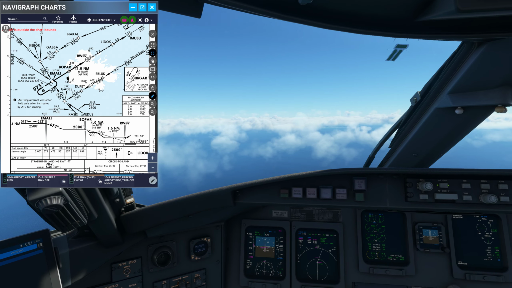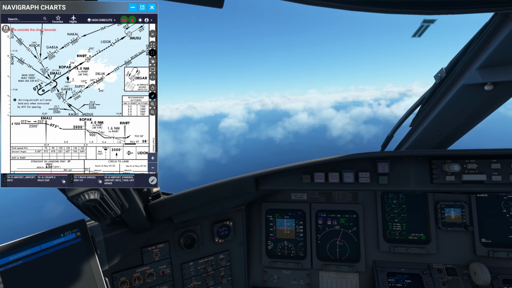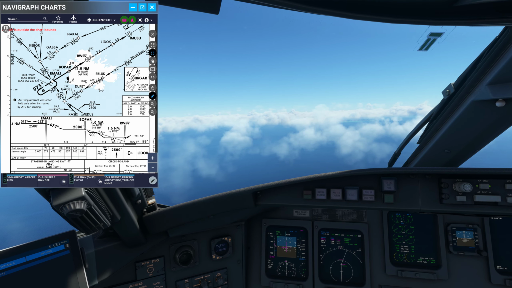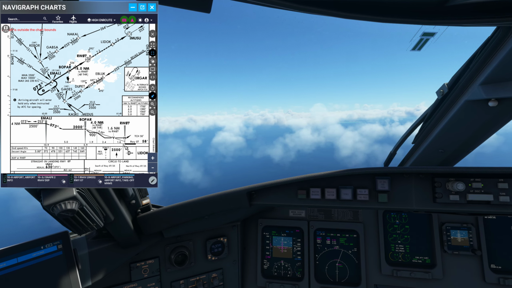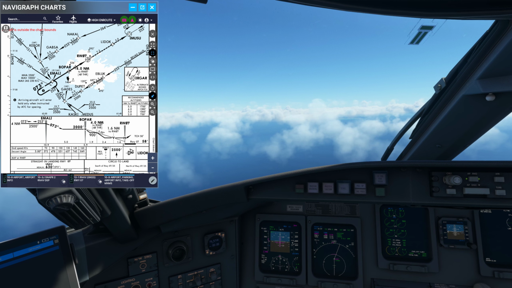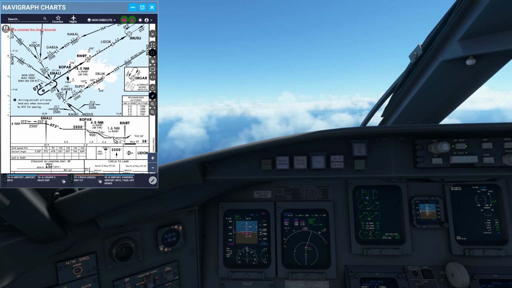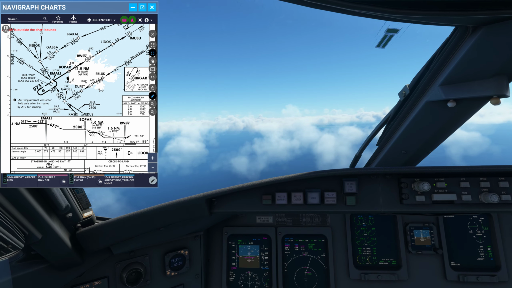TCH, threshold crossing height, that's the altitude at which you're going to cross the threshold if you're on the glide slope. This is a kind of a pseudo glide slope of 3 degrees. It's not actually there. This V is the vertical descent point, or the visual descent point.